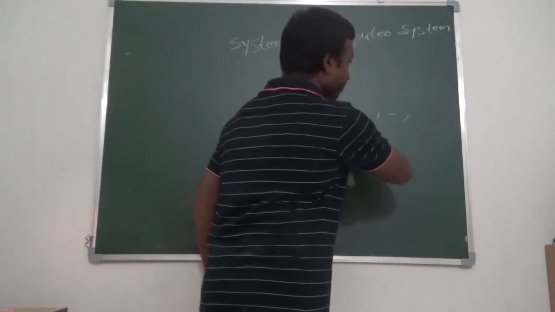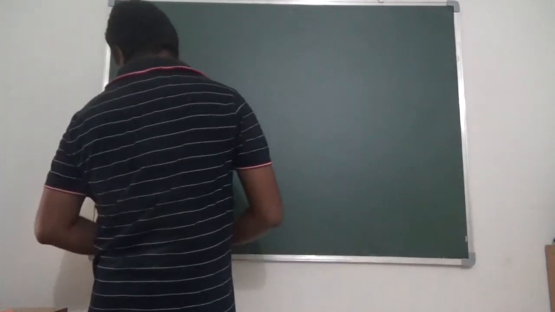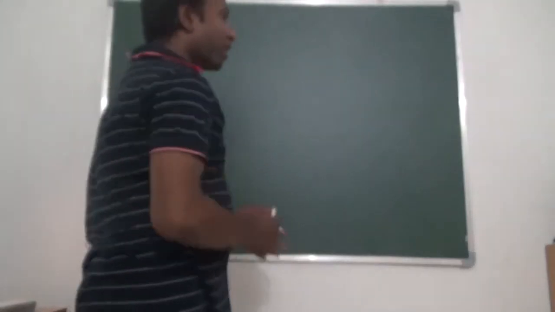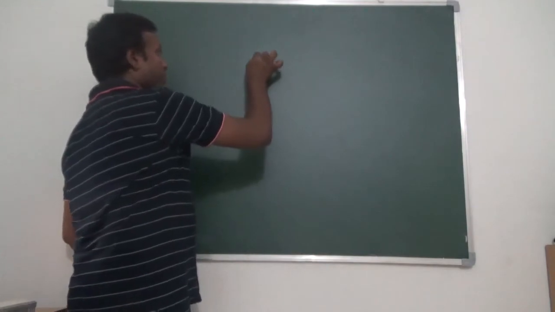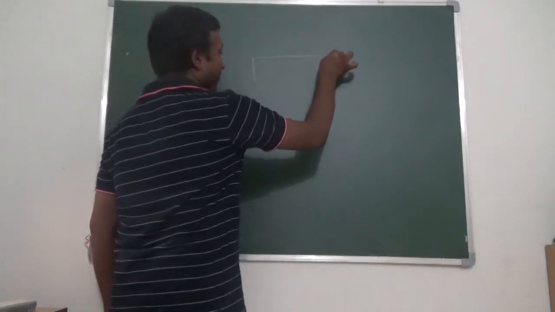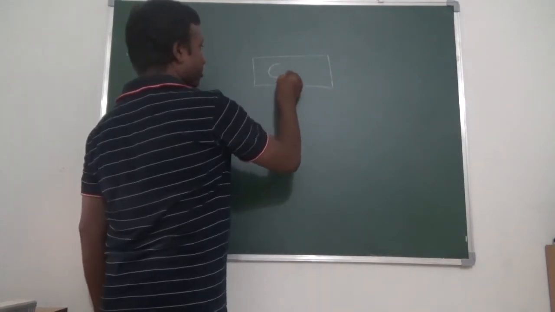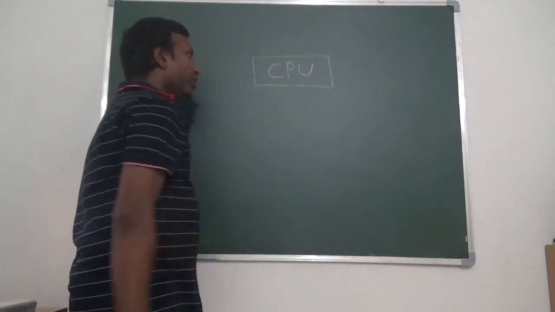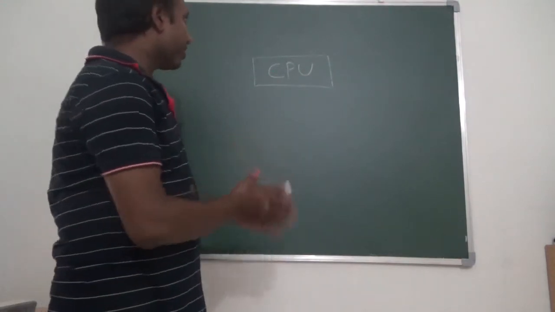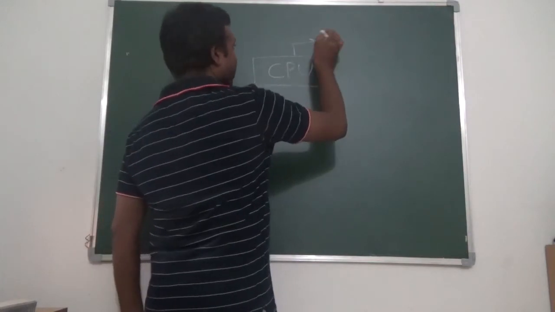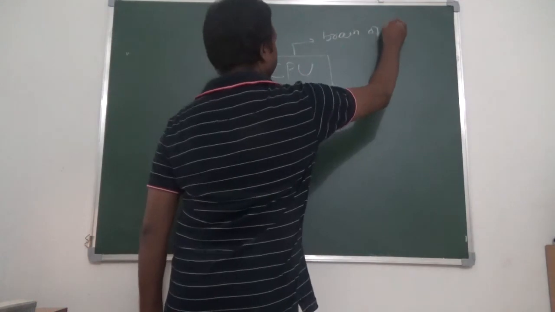Now let's analyze how this system works, how the computer system works basically. So the computer system has one component called CPU. It stands for Central Processing Unit. Now what is this Central Processing Unit? We can say it is the brain of the system.